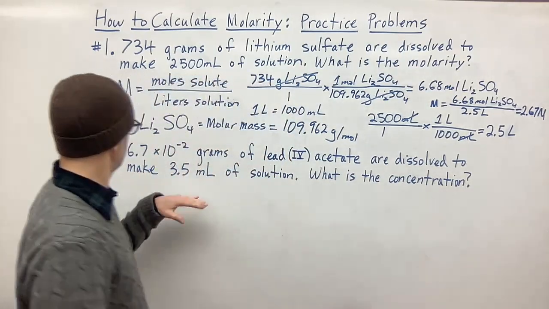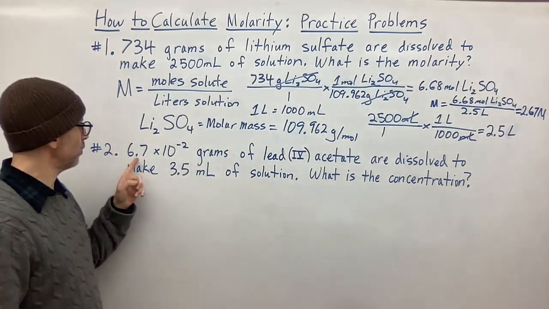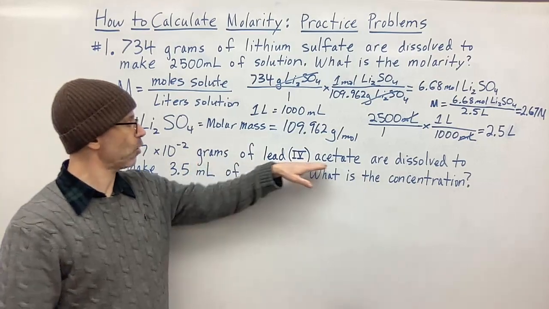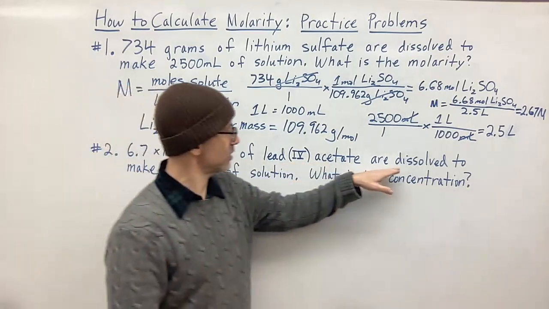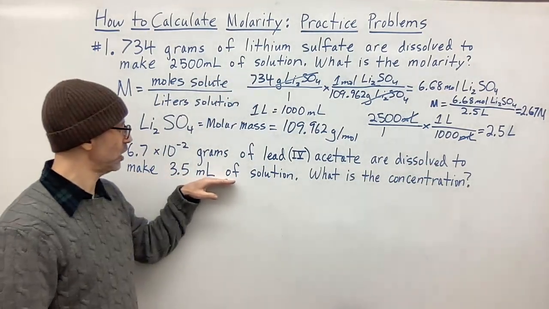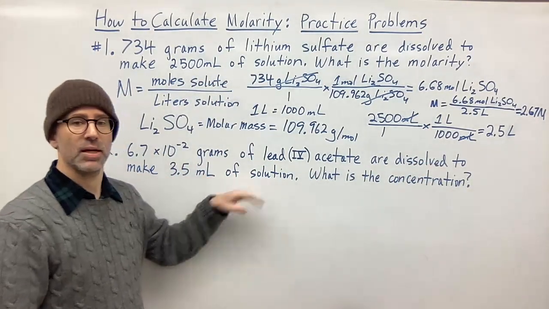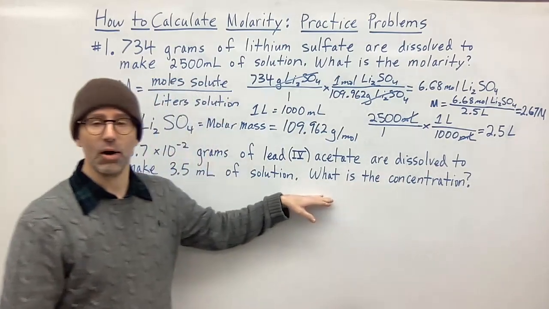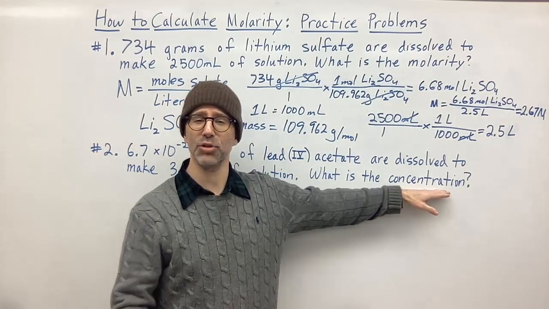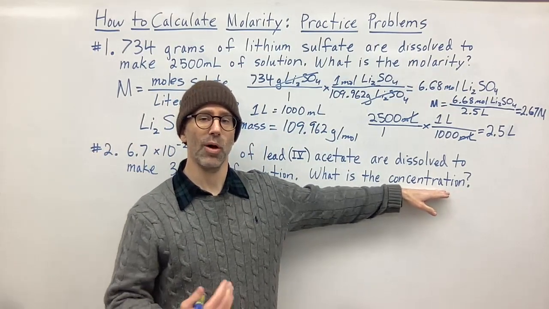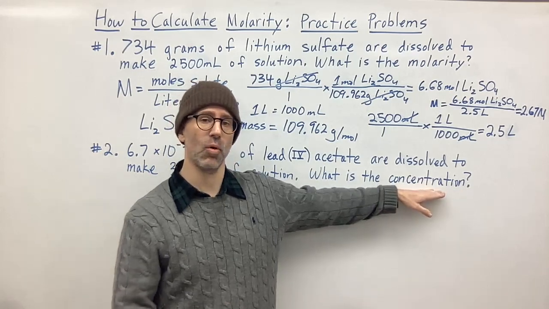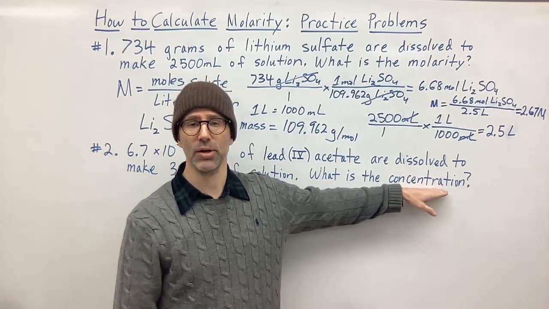Okay, next, problem number 2. I'm given 6.7 times 10 to the negative 2 grams of lead 4 acetate, and that's dissolved to make a 3.5 milliliter solution. So what's the concentration? Notice here, they're just asking for the concentration. They're not telling you molality or percent by mass or molarity or anything like that.